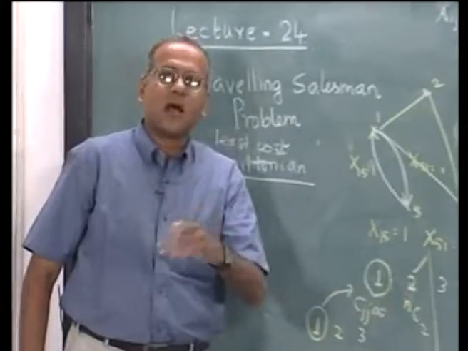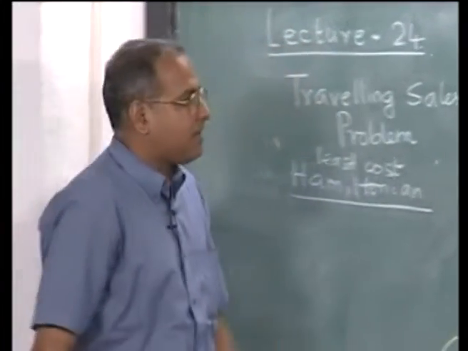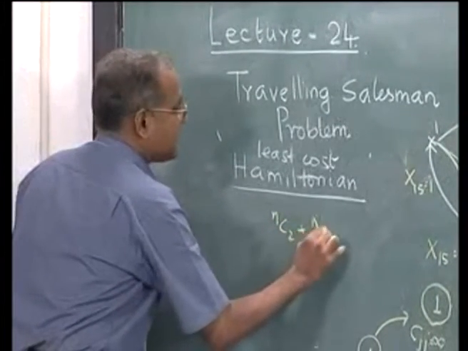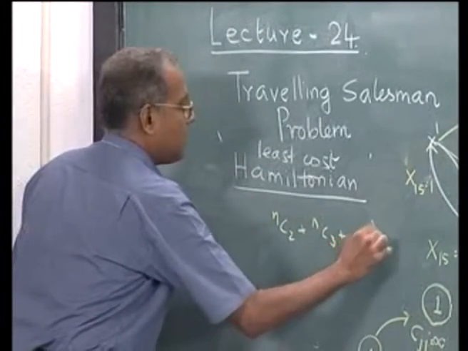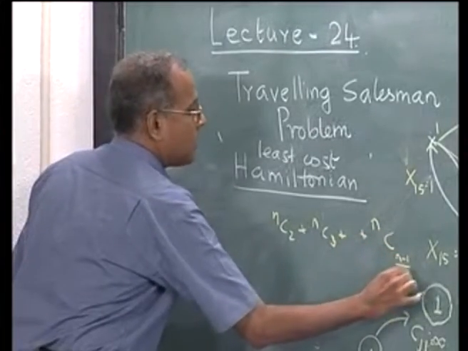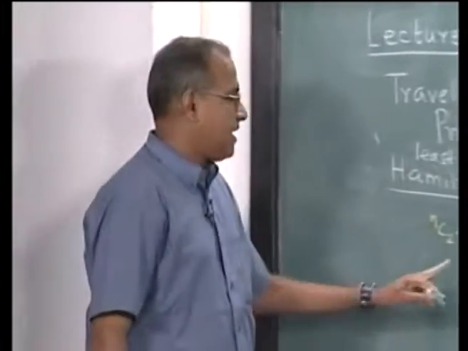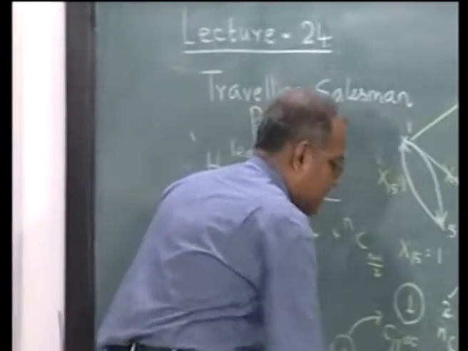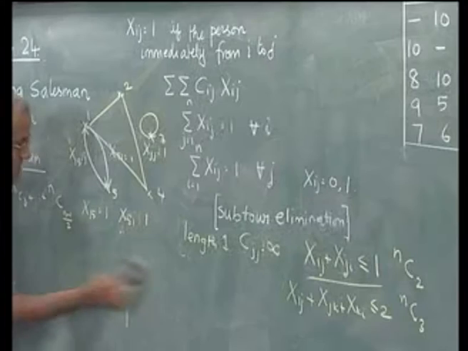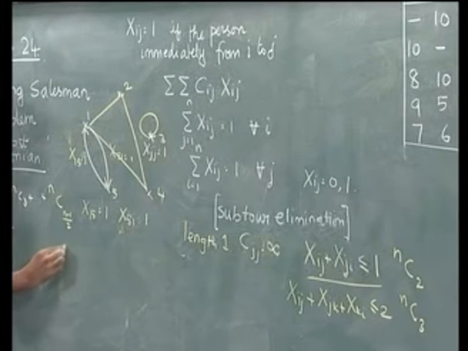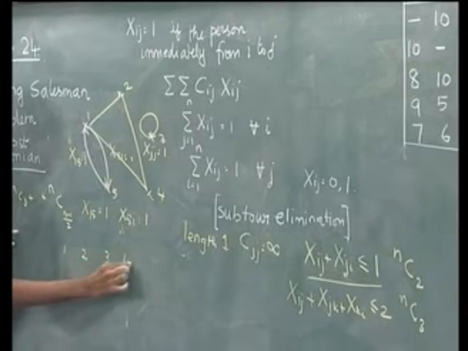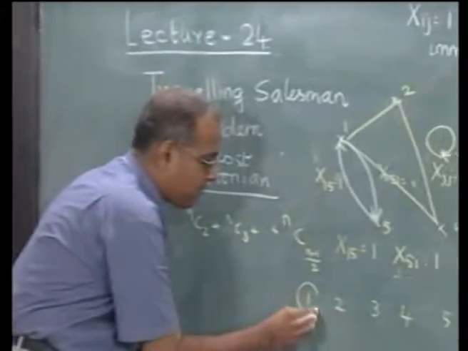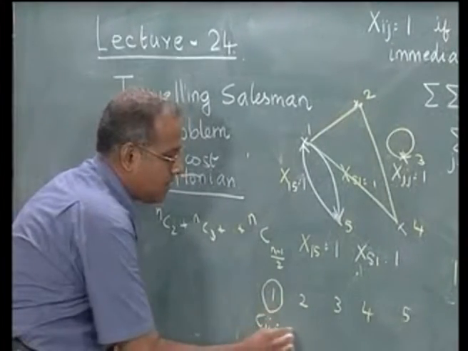So, if n is an odd number, then the number of constraints that we will add is nC2 plus nC3 and so on up to nC (n minus 1) by 2. So, this many constraints we add if n is odd. If n is even, then let us say we have 6 cities. We should eliminate subtours of length 1, 2, 3, 4 and 5. Now, we eliminate length 1 by putting Cjj equal to infinity.